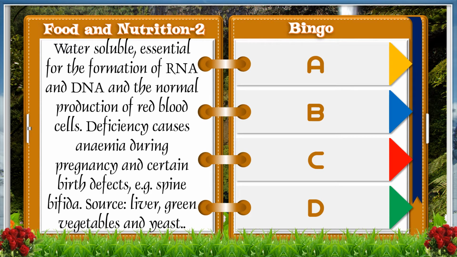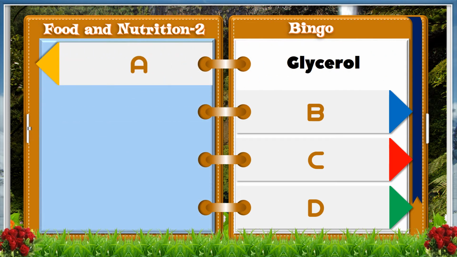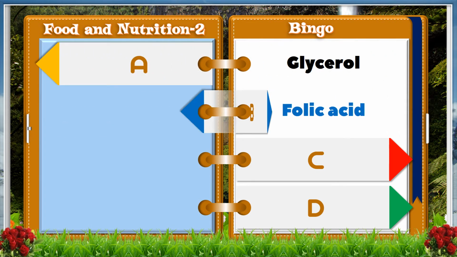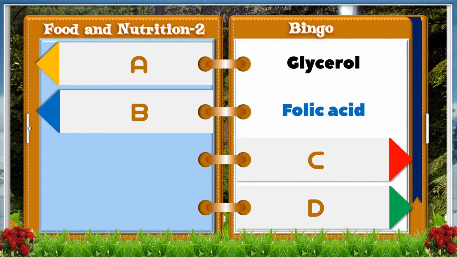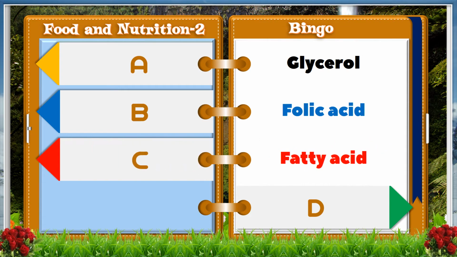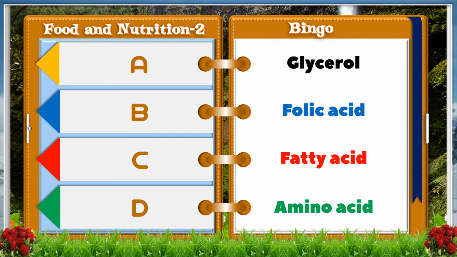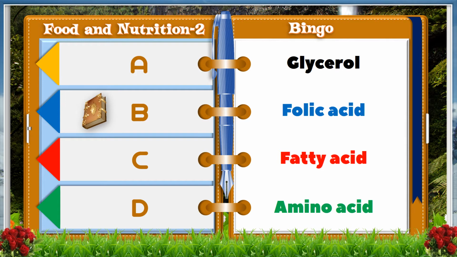A, glycerol. B, folic acid. C, fatty acids. D, amino acid. And the answer is B, folic acid.